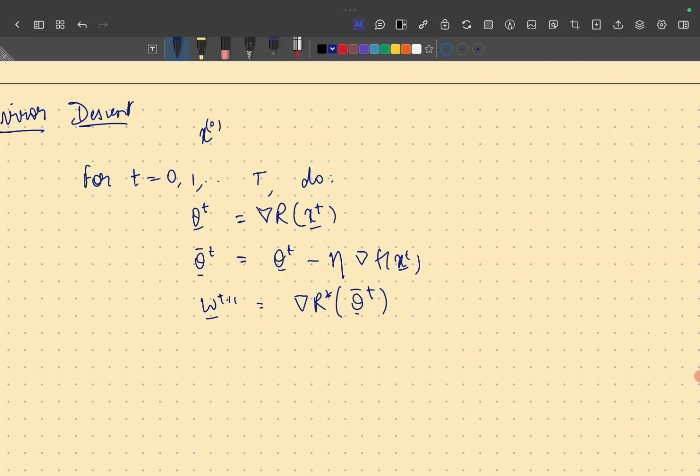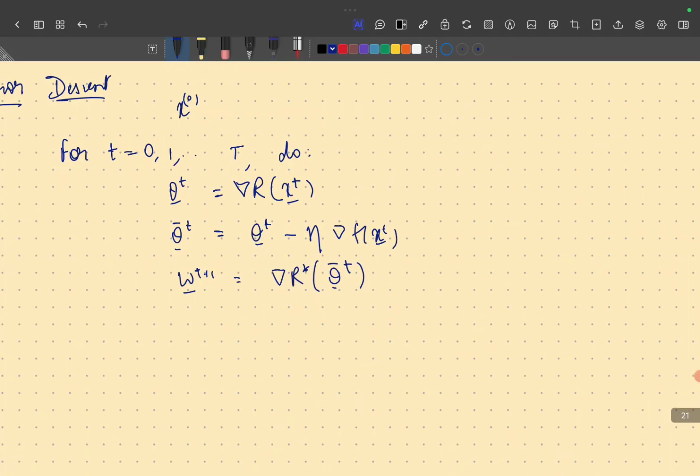And then if required, you do a projection step, which is xt plus 1 equals the arg min over x in the feasible set of the Bregman divergence D_R of x and Wt plus 1.